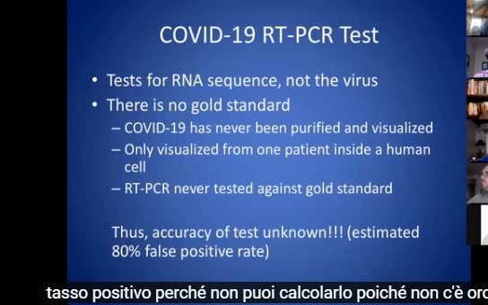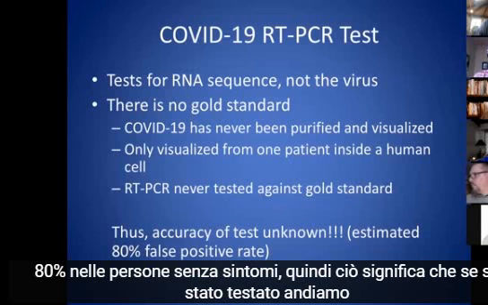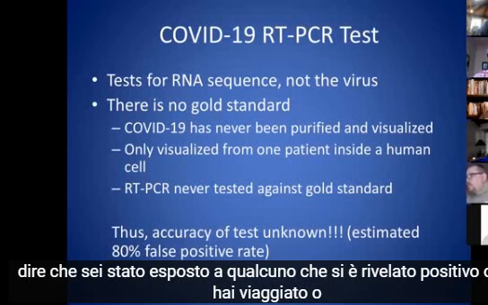Now, there was a paper that came out where they had to estimate the false positive rate because you can't calculate it since there's no gold standard to compare it against. And they actually reported an estimated rate of 80% in people without symptoms.